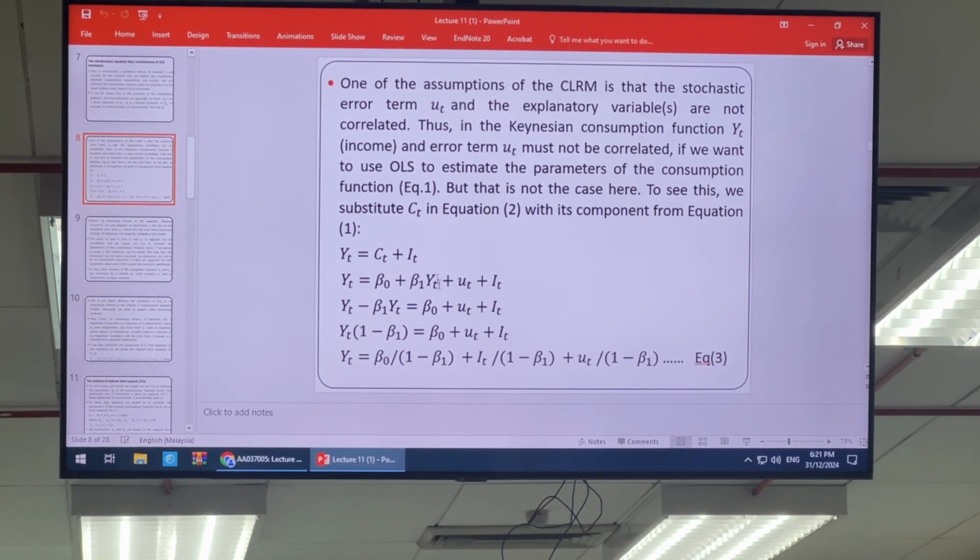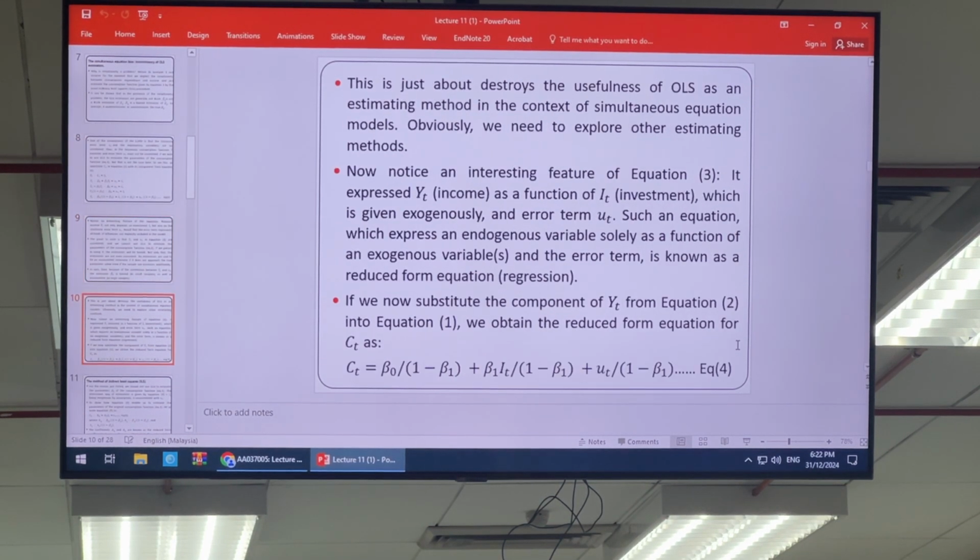Originally we have yt and ct as endogenous, so we substitute. In the last equation we only have it, which is exogenous. So yt, endogenous, equals a function of the exogenous variable only. That is what we call a reduced form regression equation.